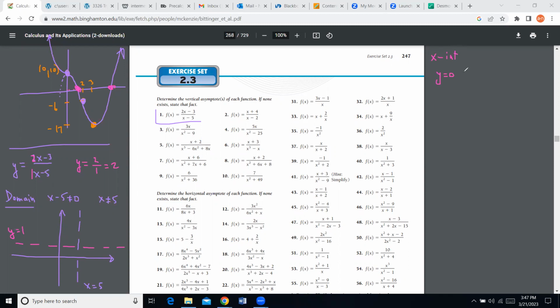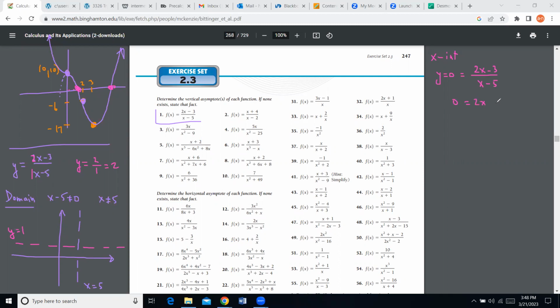In other words, I need to solve the equation that says my function, 2x minus 3 over x minus 5, is the same as 0, which is equivalent to saying that only the numerator is 0.